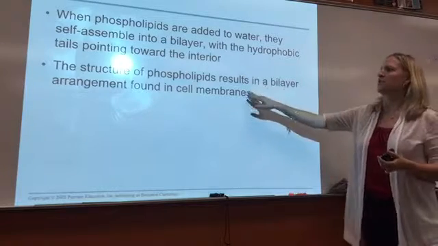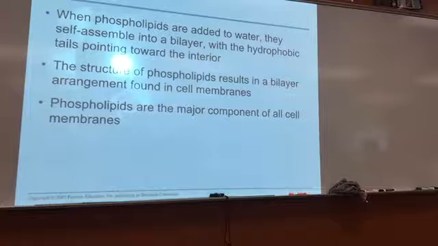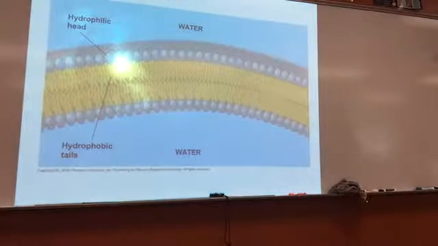And so this results in that bilayer found in cell membranes. And phospholipids are the main component of cell membranes. The majority of the cell membrane is phospholipids. We'll see later on in the course that there are other things embedded in the membrane, but phospholipids are our main type.